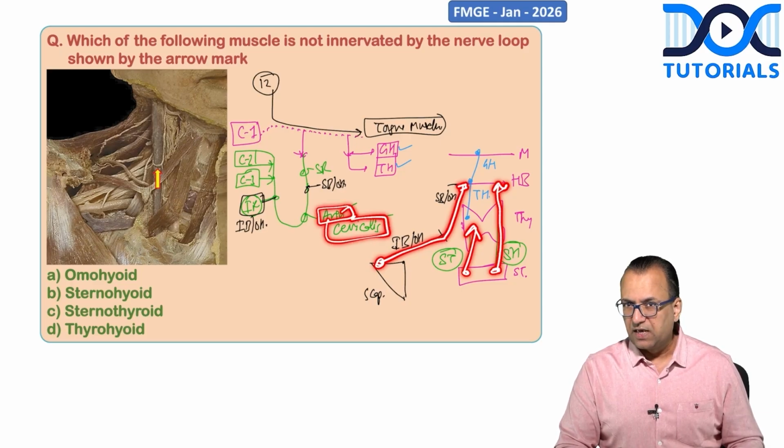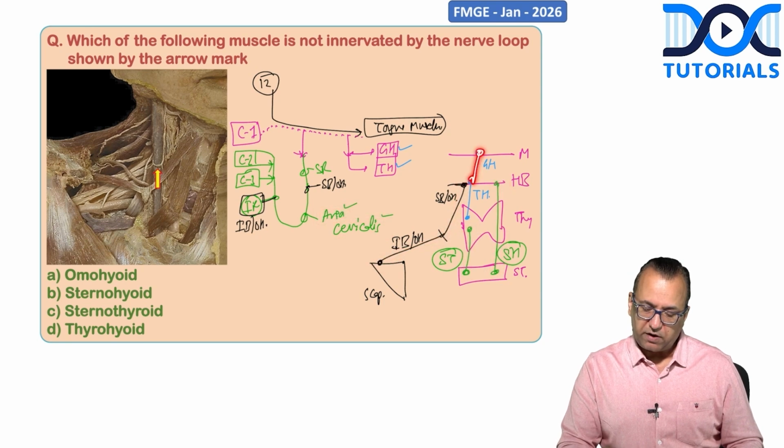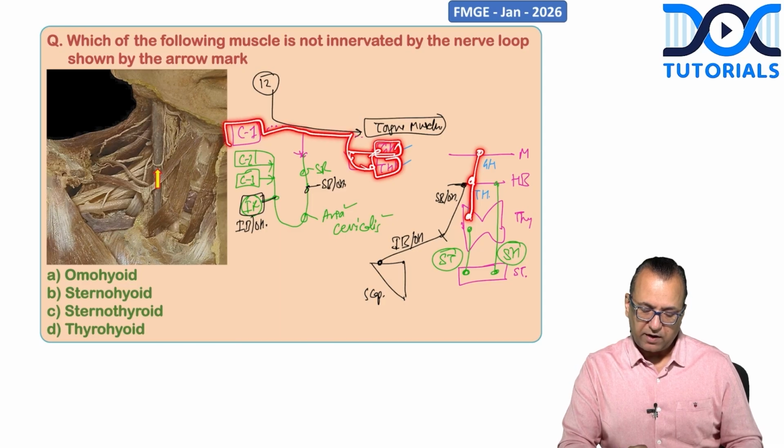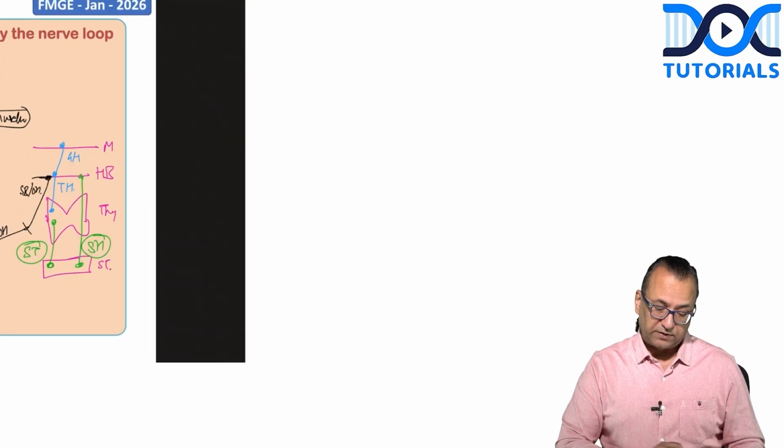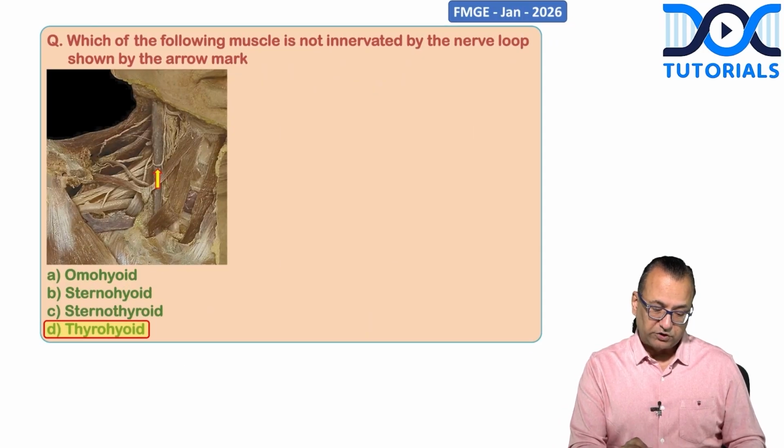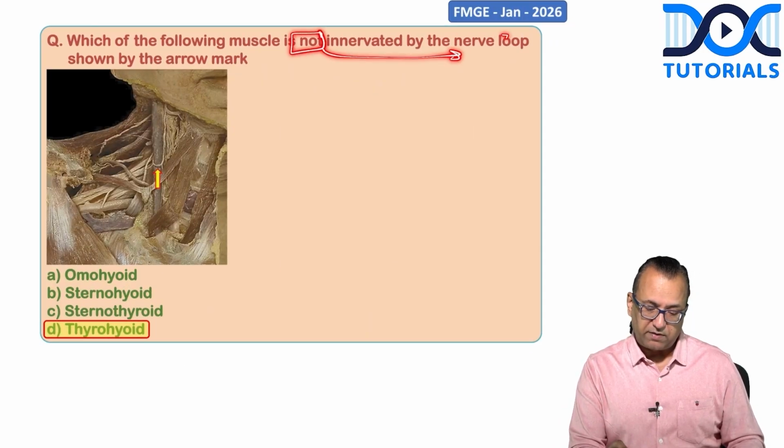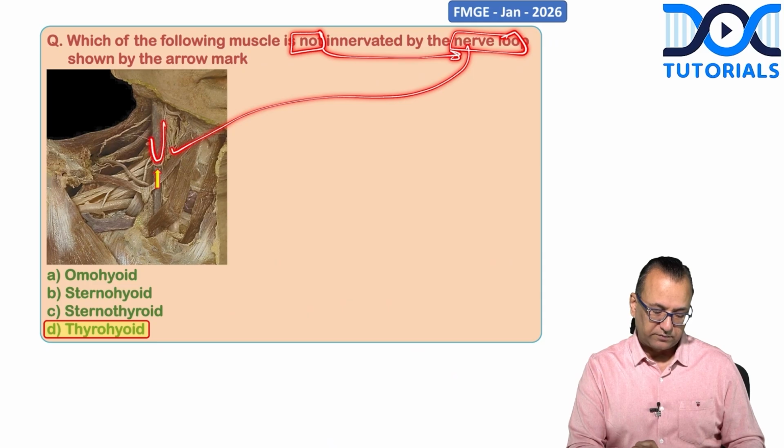But ansa cervicalis does not supply geniohyoid or thyrohyoid because they are already supplied by C1 fibers carried by the 12th nerve. So what is the answer? You understand the answer. The question is asking what is not innervated by the nerve loop, which is ansa cervicalis here: geniohyoid and thyrohyoid.